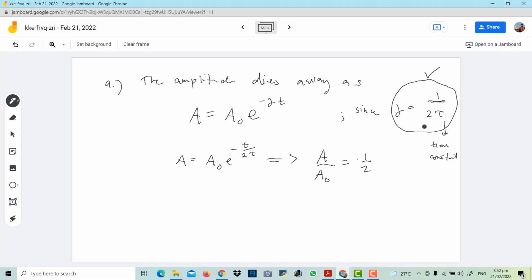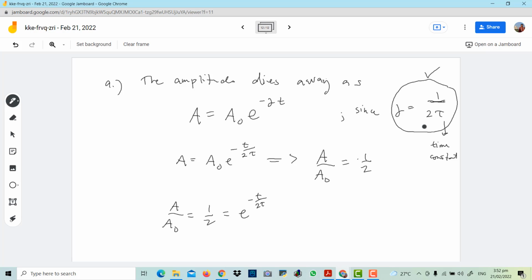So again, the question is how many oscillations there are when the amplitude becomes half. Therefore, the ratio A over A naught equals 1/2, which is equal to e to the minus t over 2 tau.